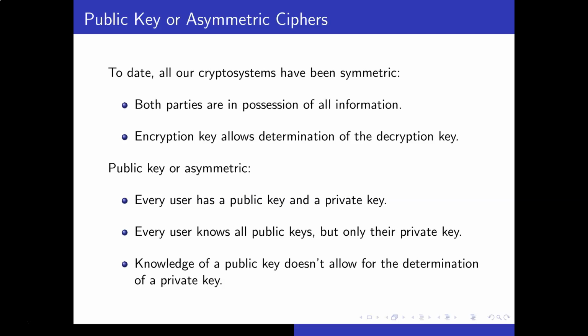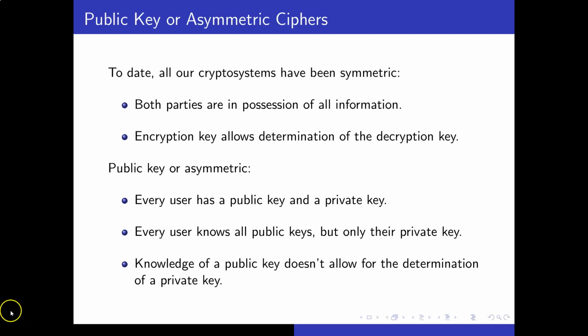There are these public keys, and they truly are public keys. Everybody in the system knows or has access to all of the public keys, but only each individual user has access to their private key. On top of that, knowing a public key doesn't allow you to determine a private key. So that's a big difference between a public key system and a private key system.